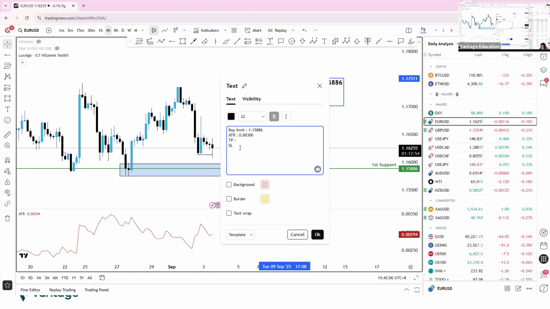This one is going to be my stop loss, equal to 1.1558.6. And for take profit, you just take 1.15886 plus 0.0030, that would be 1.16186.